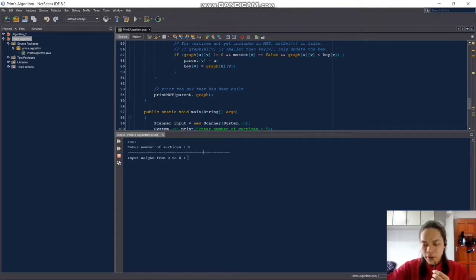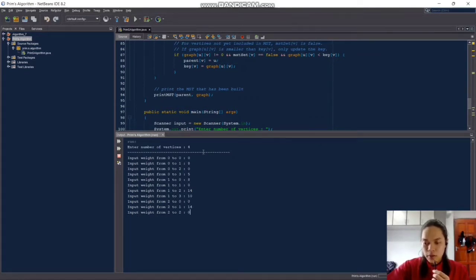I just give random weights. So 0, 8, 0, 5, 8, 0, 14, 10, and 0, 14, 0, 2, 5, 10, 2, 0.